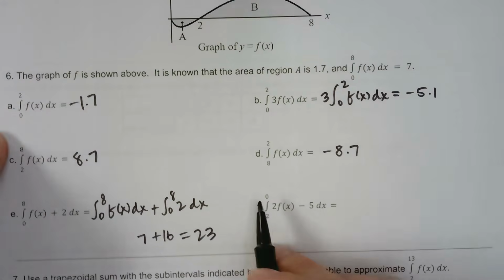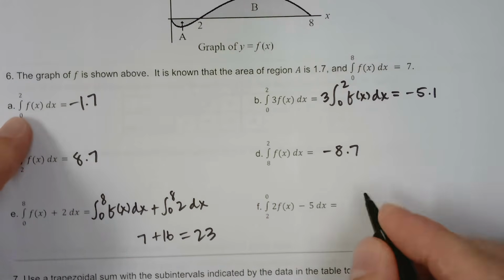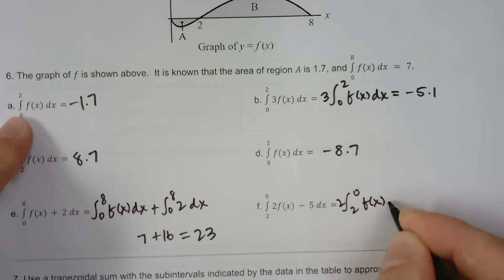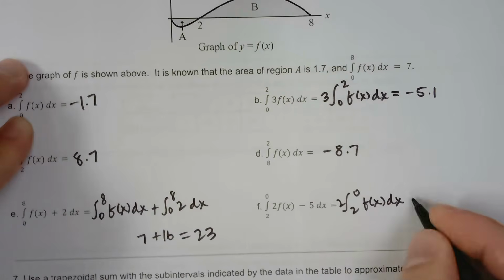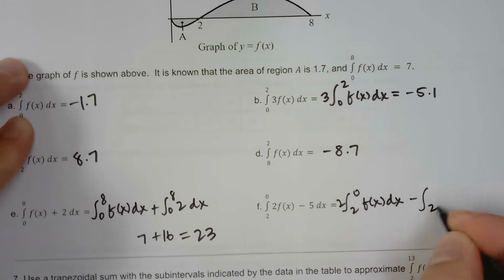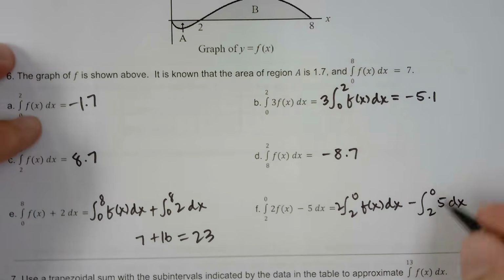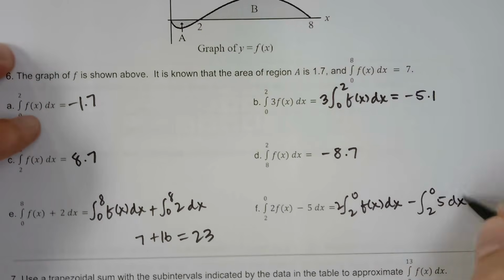Okay, so what I'm going to say is, well, that's the integral from 2 to 0 of 2 times f, minus the integral from 2 back to 0 of 5 dx. Especially because we're new to this, I might just go ahead and do this one with geometry.